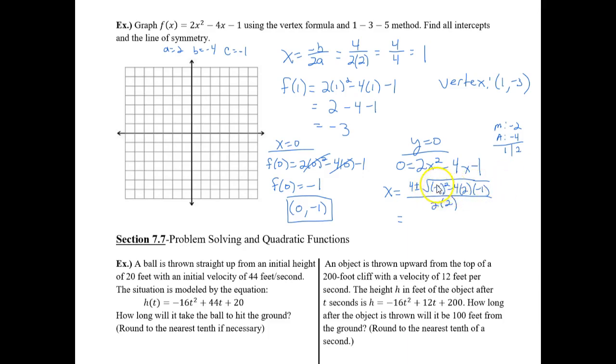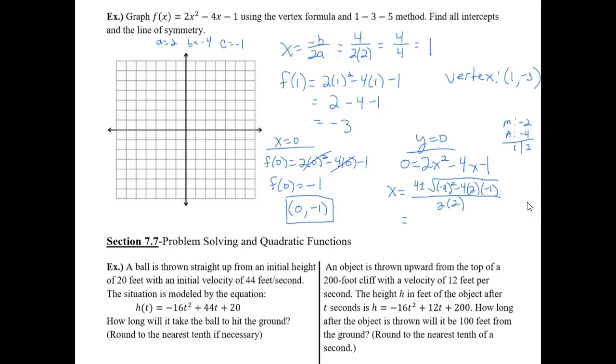So 4 times 4 would be 16, and then we'll have negative 4 times 2 times negative 1. So a negative negative will make it positive. 4 times 2 times 1 would be 8. So we'll have 16 plus 8 under the radical. 16 plus 8 is 24 over 2 times 2, which is 4. Let me write that a little bit better.